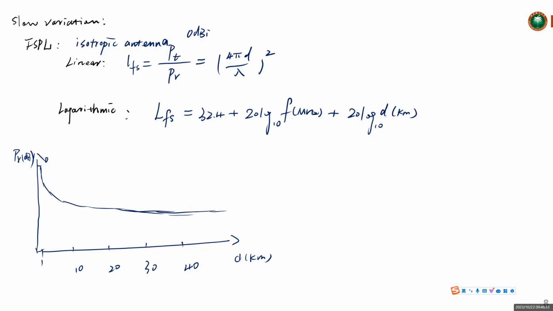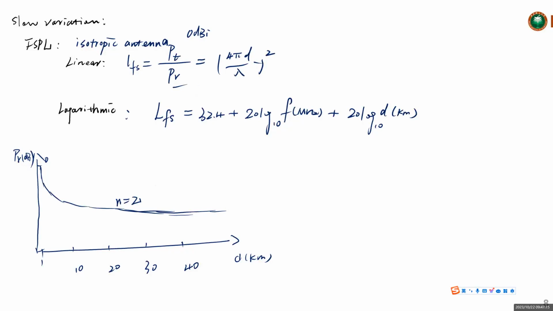It decays following an inverse power law of exponent n equals 2. Am I correct? The relationship between PR and d squared, according to this kind of equation.